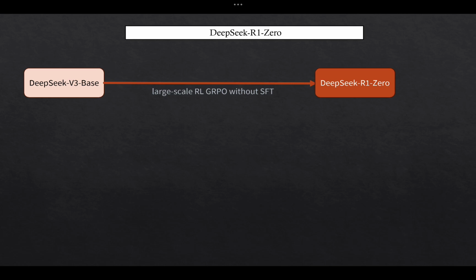This is one of the inventions of this paper: without using a supervised fine-tuning phase, we can get state-of-the-art performance by just employing reinforcement learning.